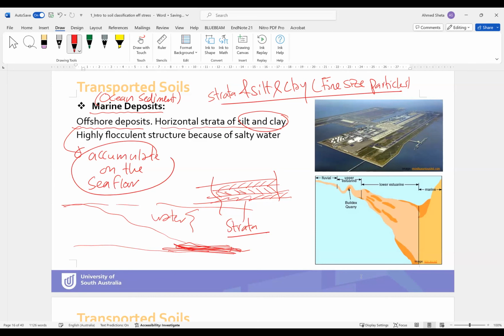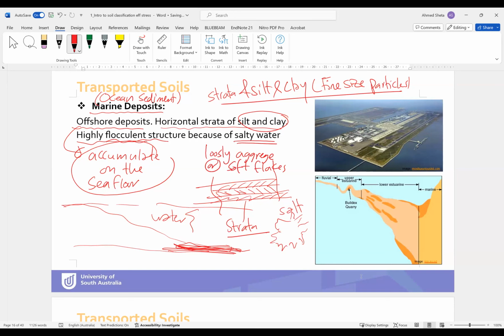And because of the salty water, this soil type is flocculent. Flocculent means it is loosely aggregated, or soft flakes. So it has smaller flakes like that because of the salt. So this soil will be on the sea floor and will be flocculent because of the salt.